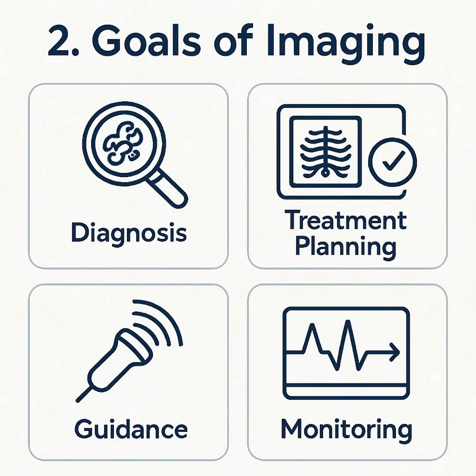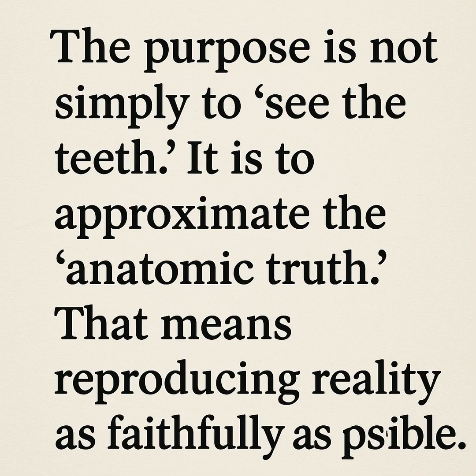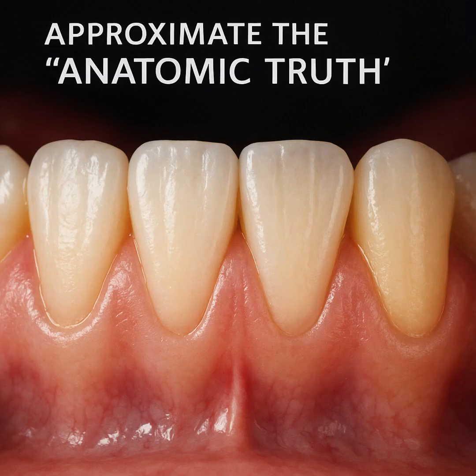2. Goals of imaging. Why do we take images? The purpose is not simply to see the teeth. It is to approximate the anatomic truth. That means reproducing reality as faithfully as possible.